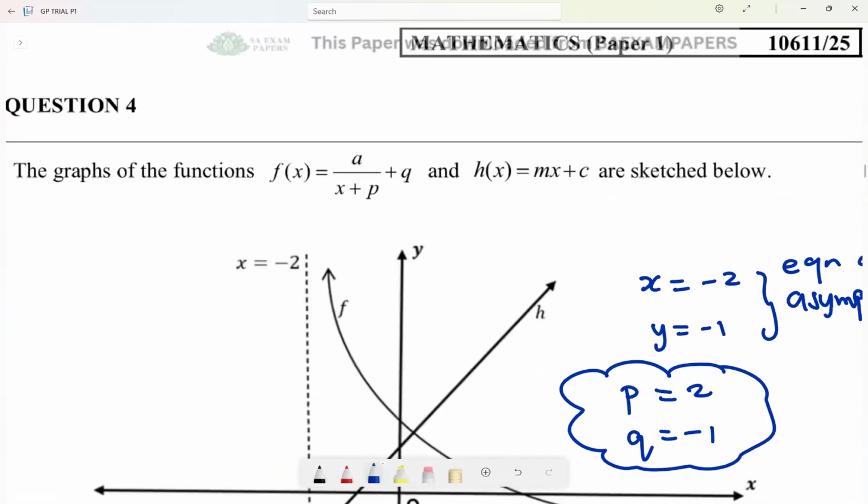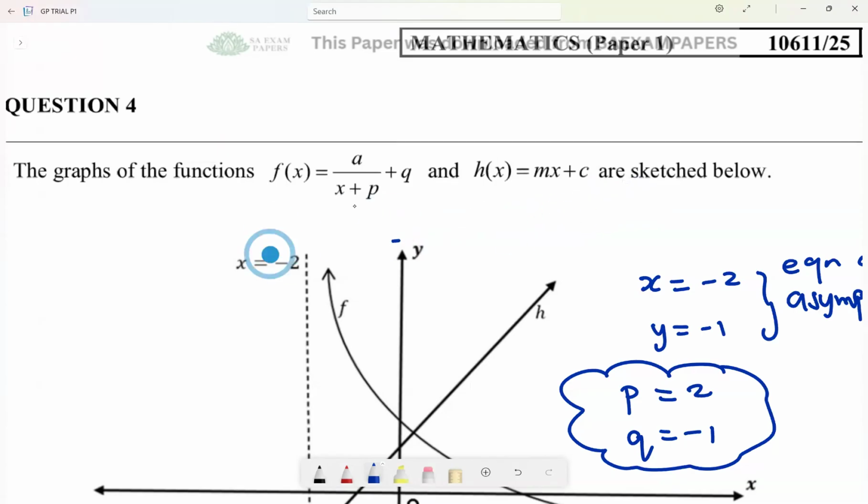Because when I find my asymptote, I'm saying x plus p is equal to 0, then x is equal to -p. So if x is equal to -2 here, then if I substitute, I'm going to say -2 is equal to -p, then p is equal to 2.